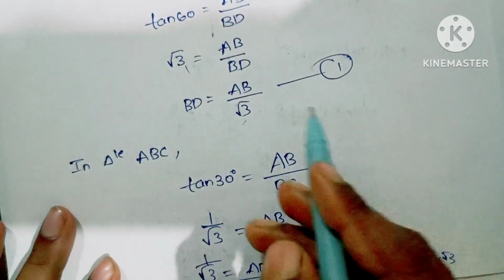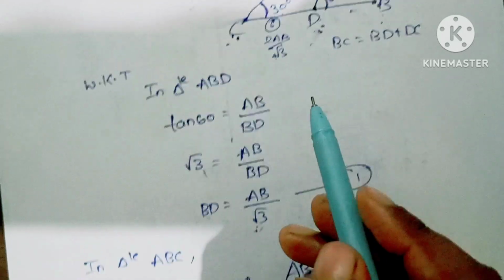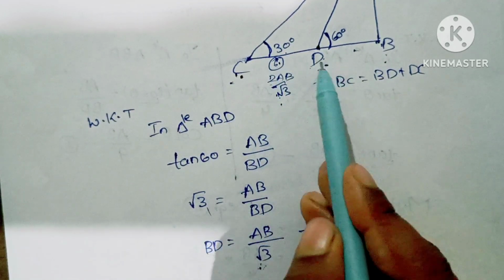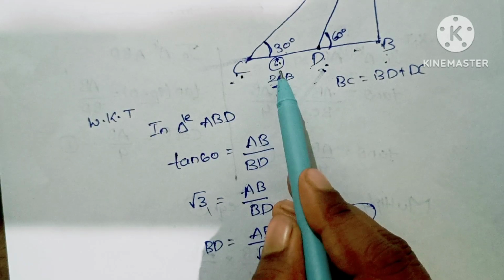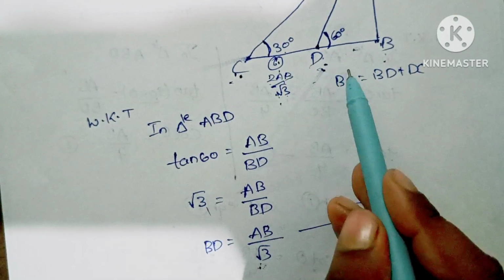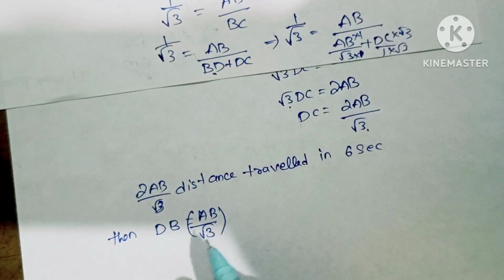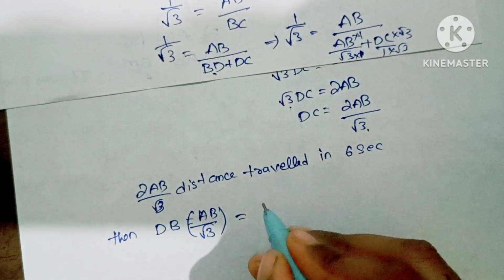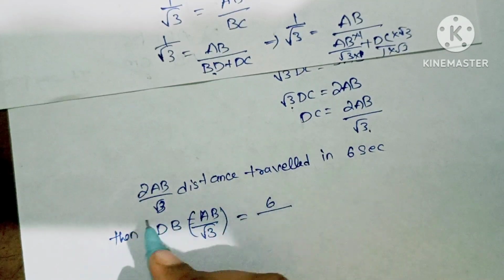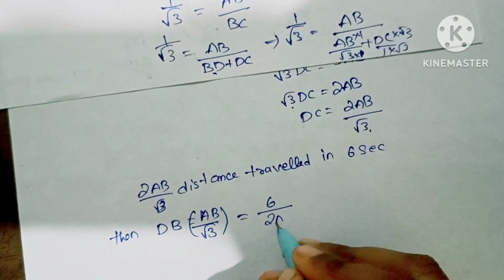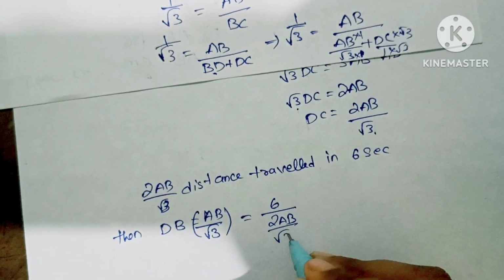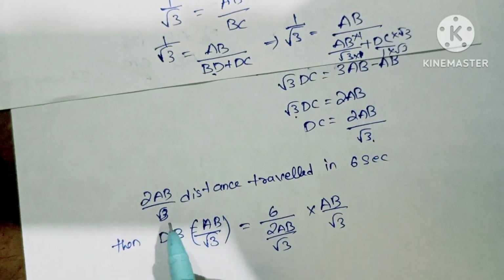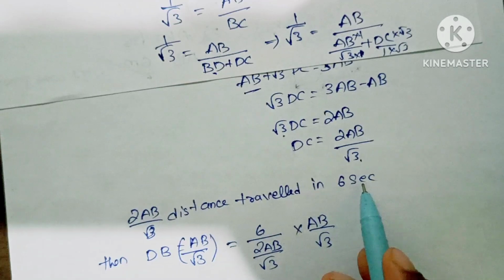So DB means AB by root 3, and DC is 2AB by root 3, which took 6 seconds. Then how much time will AB by root 3 take? DB means AB by root 3, so the time is 6 by 2AB by root 3 into AB by root 3.